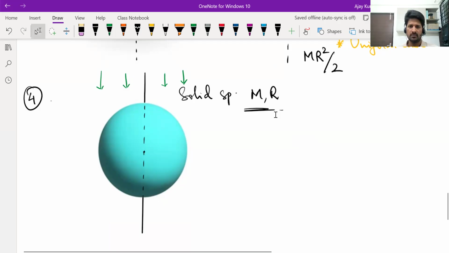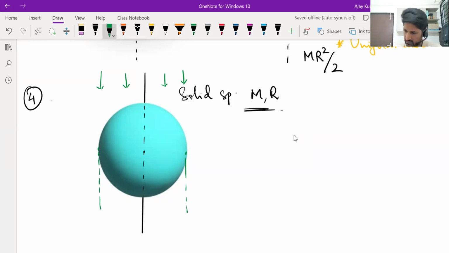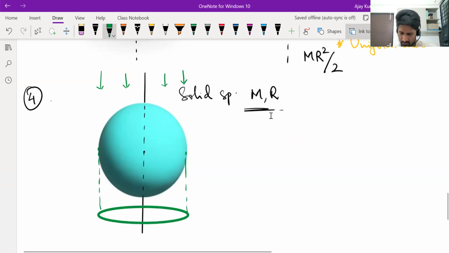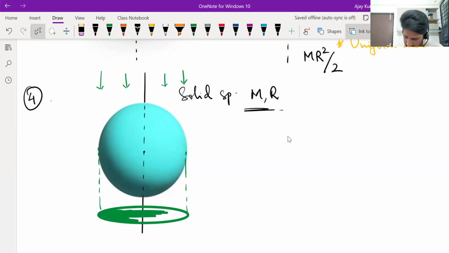What does it become? It becomes a disk itself. Okay. So you can visualize it like this, all the mass being slid parallel to the axis. What you get will be a disk like this. Okay, I have changed the color. Never mind.